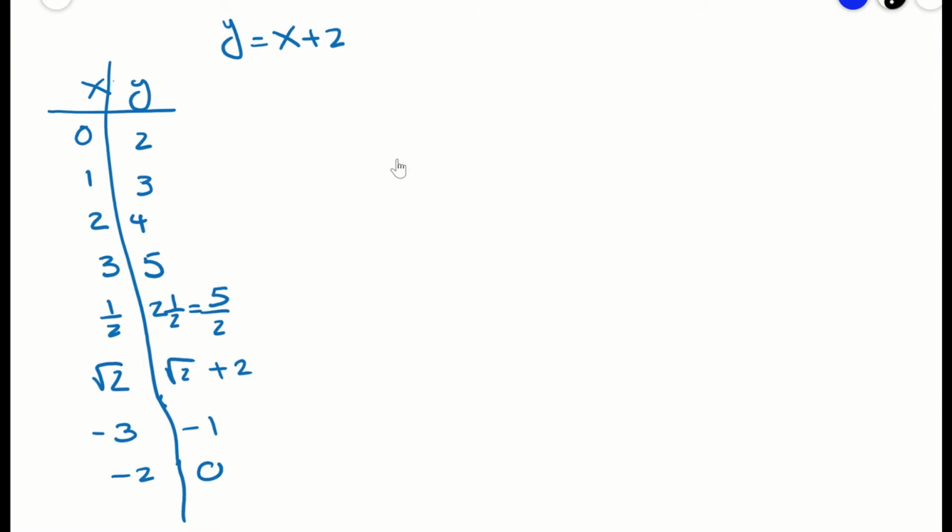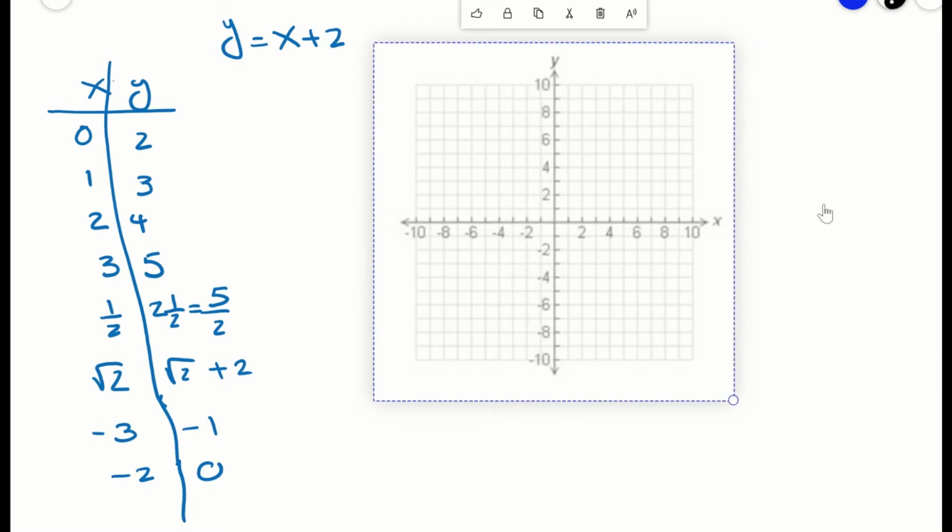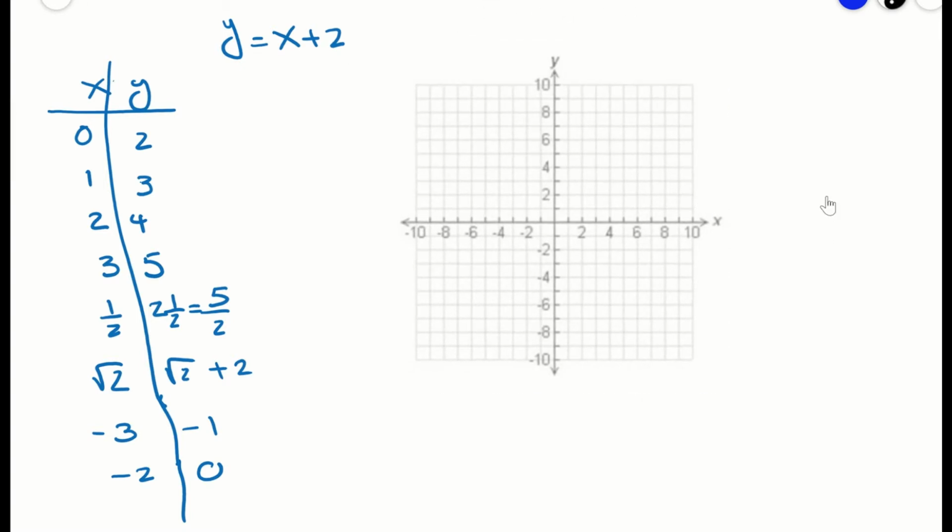So if we plot these on a grid, we'll notice something interesting. If you look at the points, the ordered pair, for example, (0, 2), right?